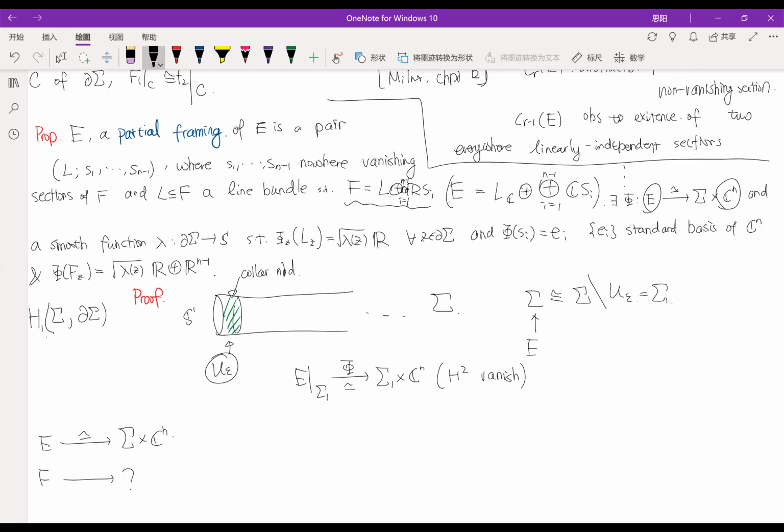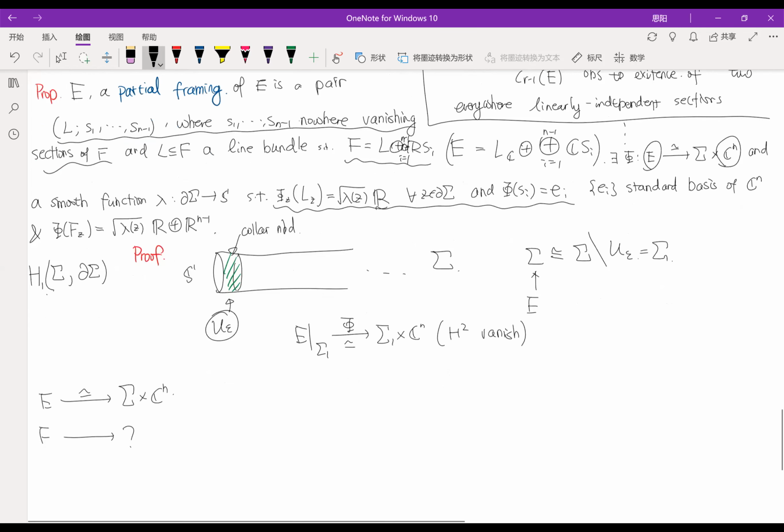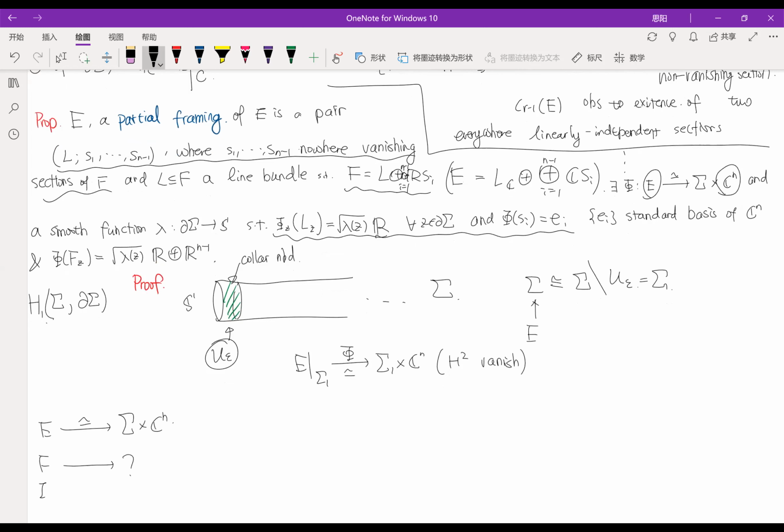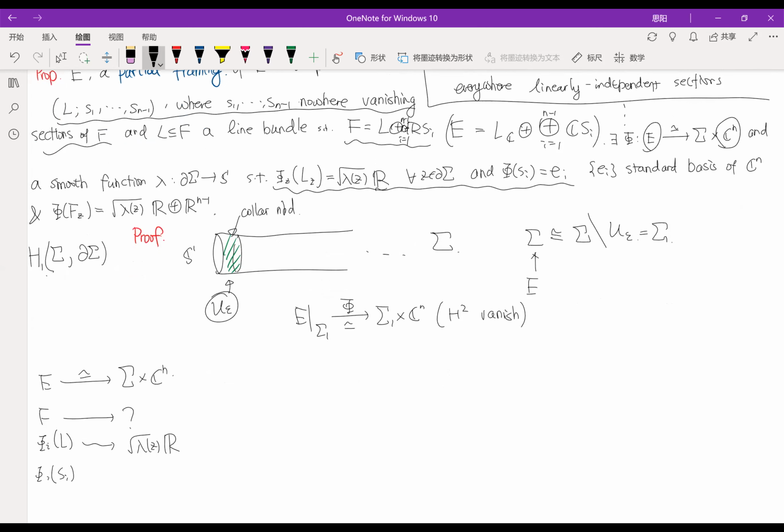We need the trivialization to send F to this, and since we have a nowhere vanishing section, we have assigned a partial framing to F, so that phi_i of L is assigned to this on the boundary, and phi must map S_i to e_i.